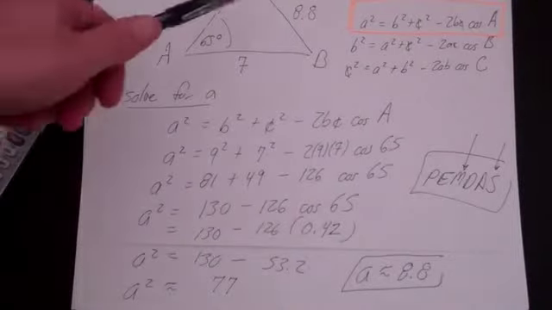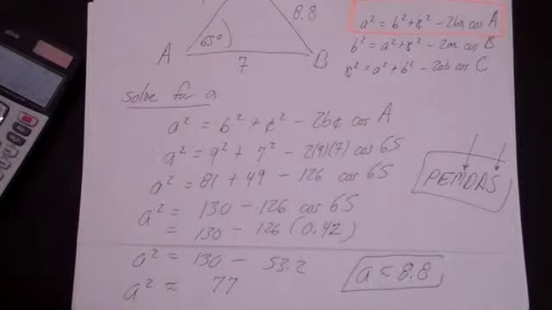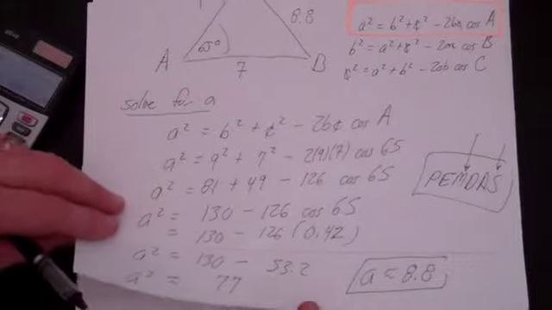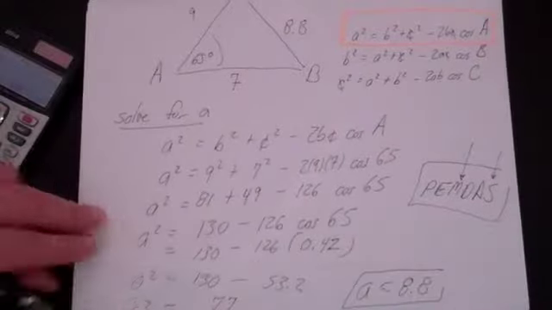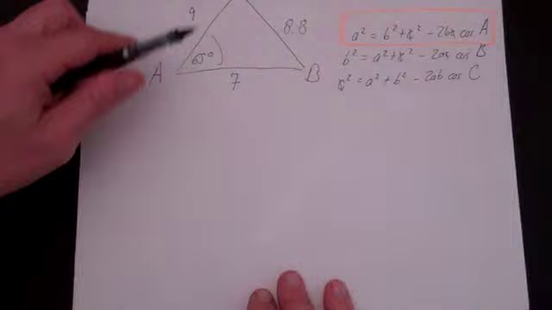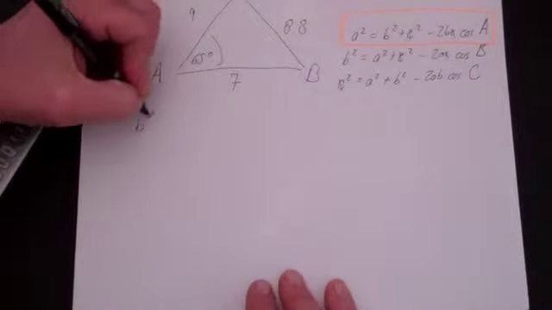Now, to solve the entire triangle, we still need to solve for angles B and C, and that's what we're going to do next. It doesn't matter what order you solve for B and C. You can do it in any order you want to. Let me solve for B first. If I'm going to solve for B, I'm going to use the formula with the angle B in it. Let's see if that will work.